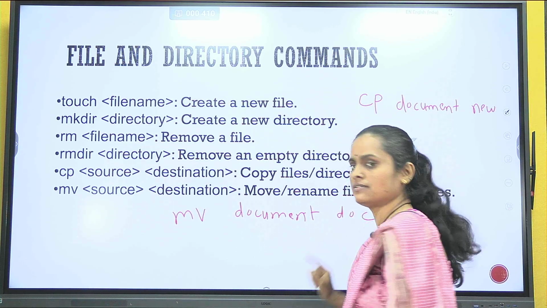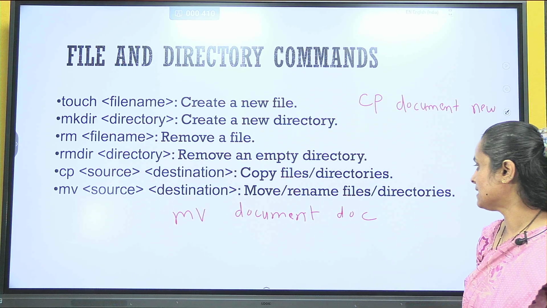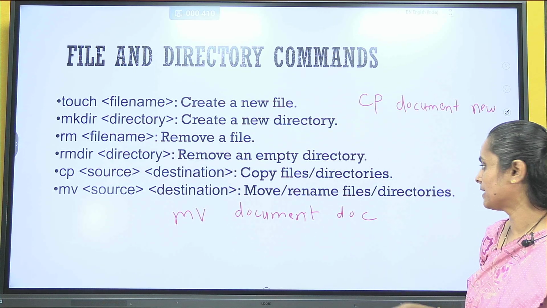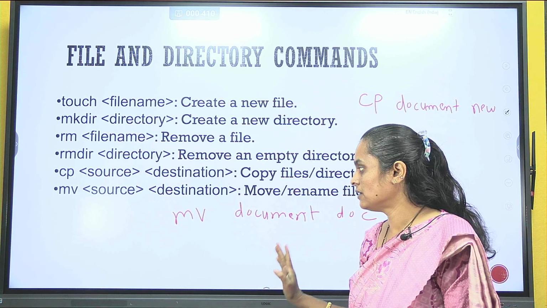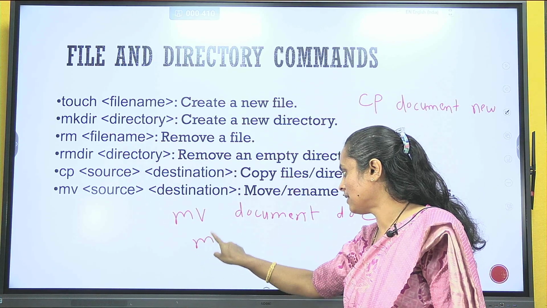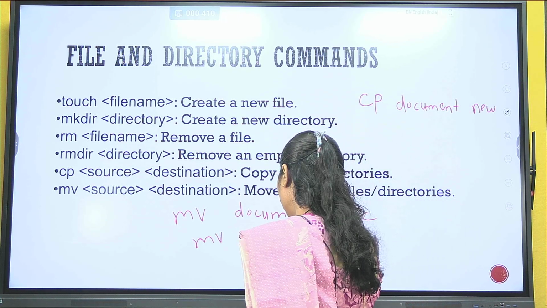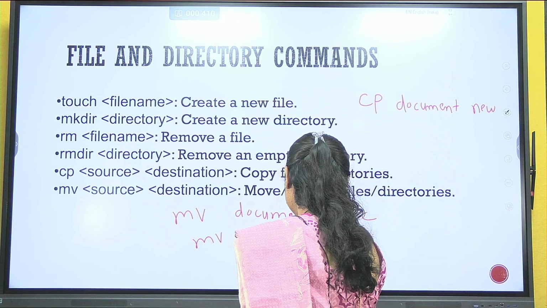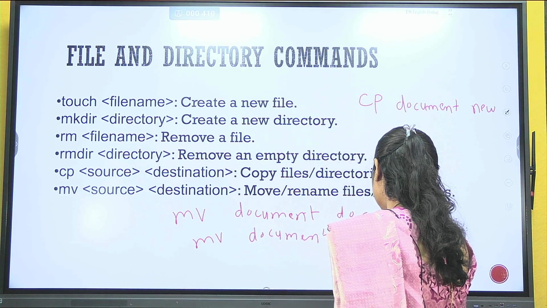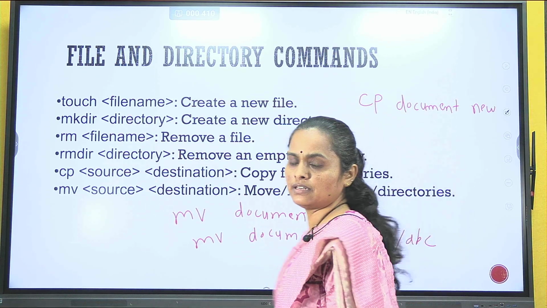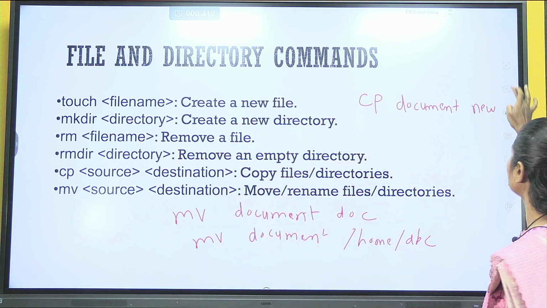You can use this to rename or move a directory from one destination to another. So it is mv document, and now I want to change it to home ABC. This is how you can change or move a directory from one destination to another.